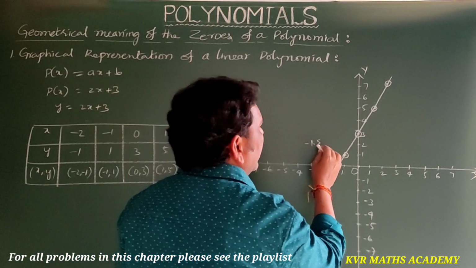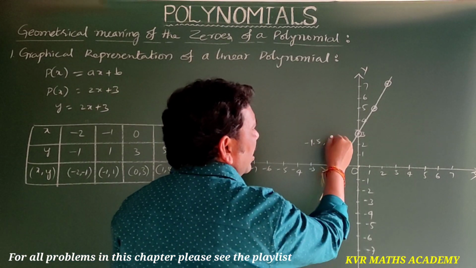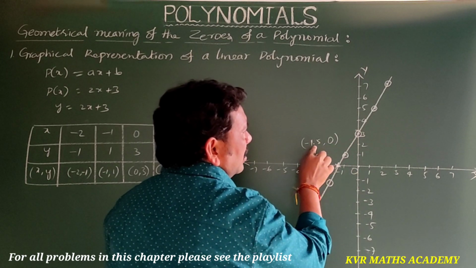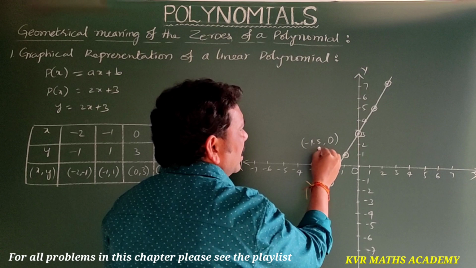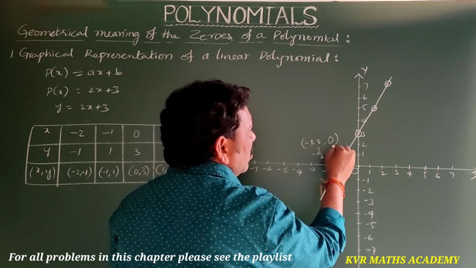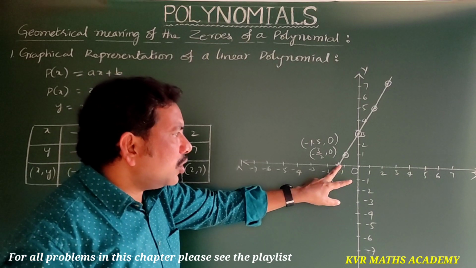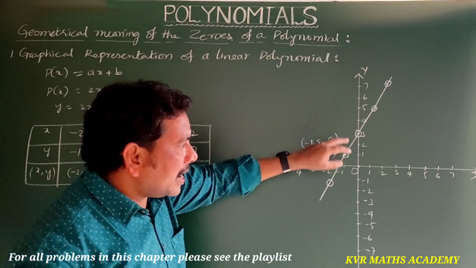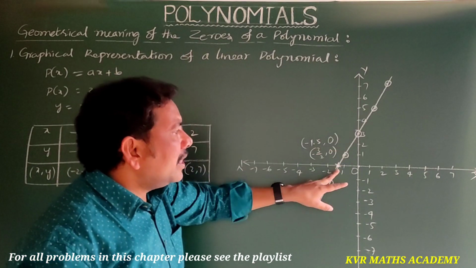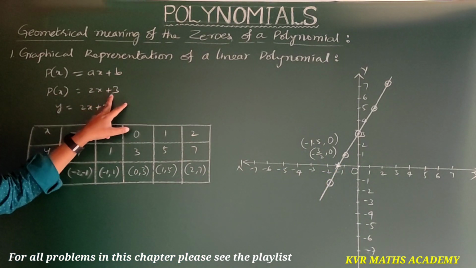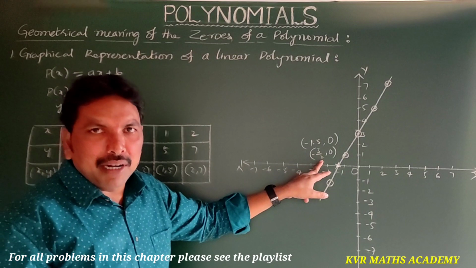It can also be written as -1.5 comma 0, on the x-axis only. -1.5 is -3 by 2, so -3 by 2 comma 0. So this intersects the x-axis at this point. That's why the zero of the given polynomial is -3 by 2.